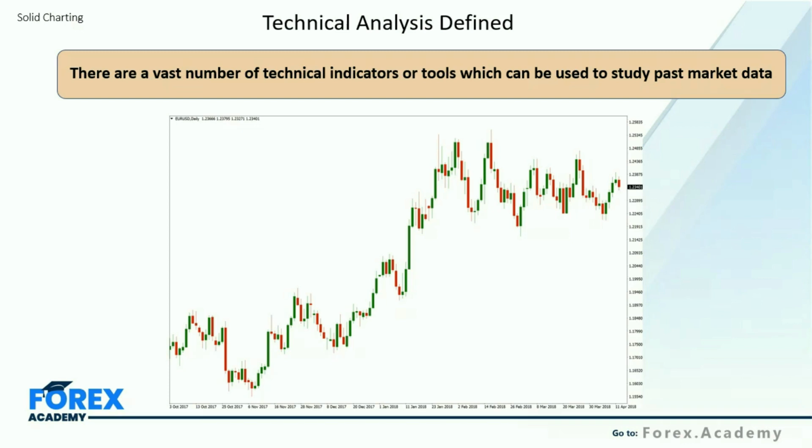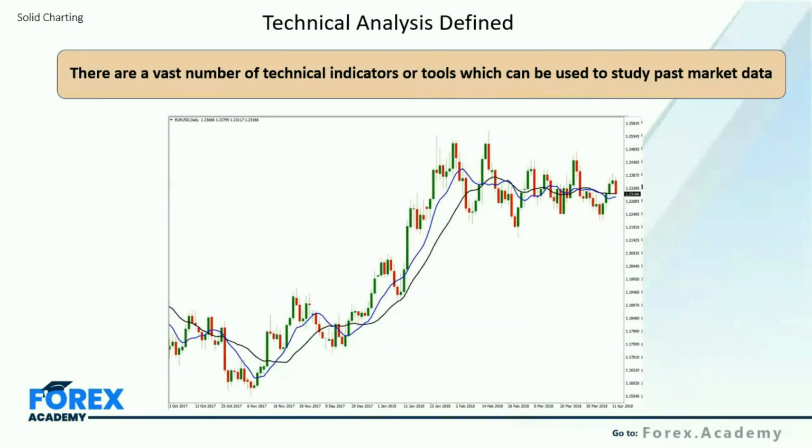So we're just going to run through a few of these. A lot of these are very, very popular indicators, and they're used to varying degrees accordingly. We just want to go through and explain a few of these indicators and how they help with technical analysis. So we'll start off with a very common indicator, which is your moving average.